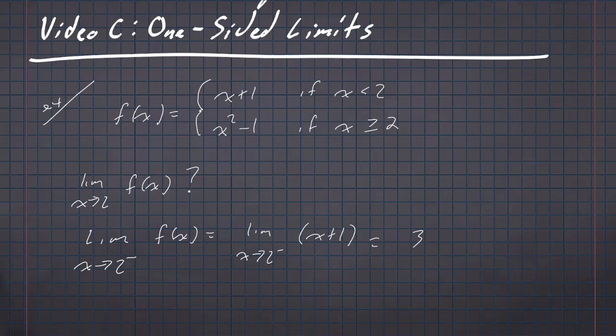And you can evaluate that limit and get 3, right? The limit as x approaches 2 from the left of f of x is asking us to look at the things when x is less than 2, giving us that x plus 1.